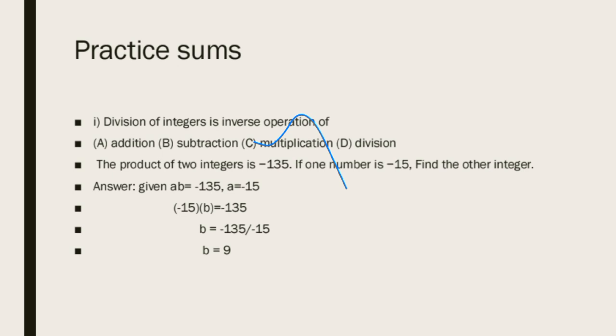Product of two integers is minus 135. If one number is minus 15, find the other number. Answer. Given a into b equal to minus 135, the product of two integers, and a equal to minus 15.